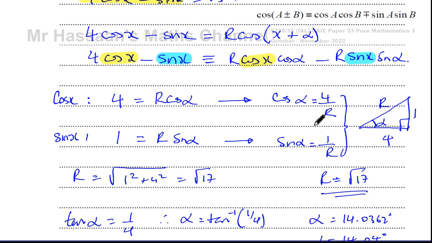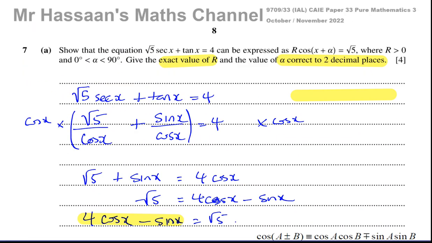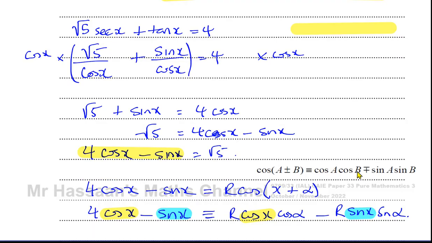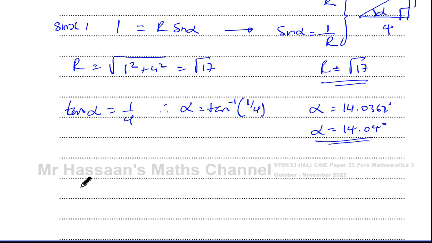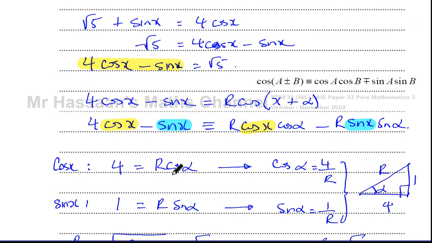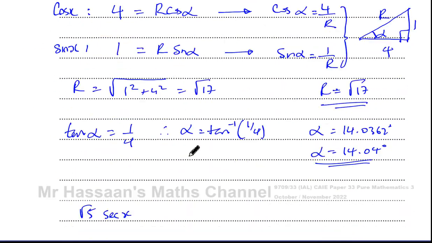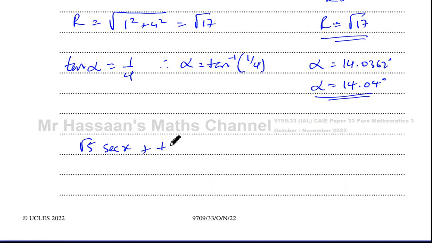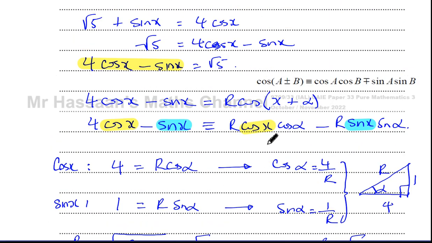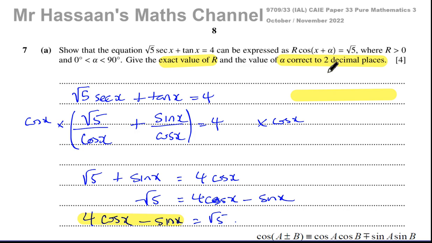Now, what I suggest we do, because it says here, show that the equation can be expressed in this form. So don't just write down the value of r and the value of alpha. Rewrite it in this form. So we can say, therefore, that the equation root 5 secant x plus tan x equals 4 we can rewrite in the form r cosine x plus alpha.